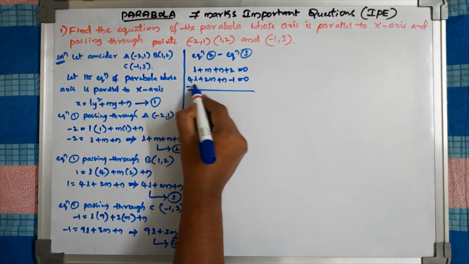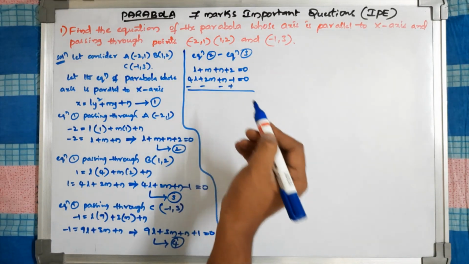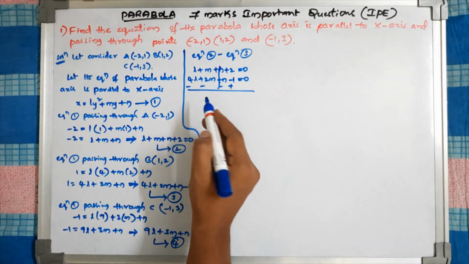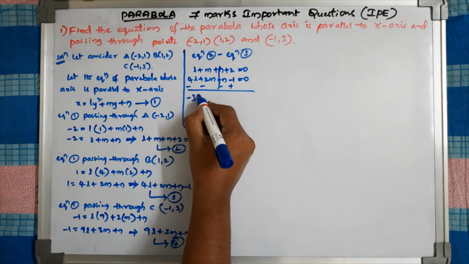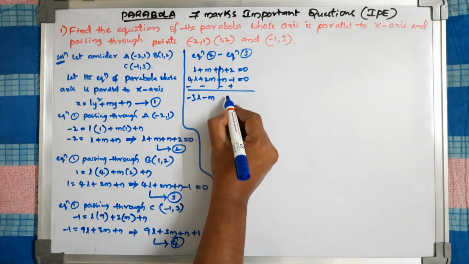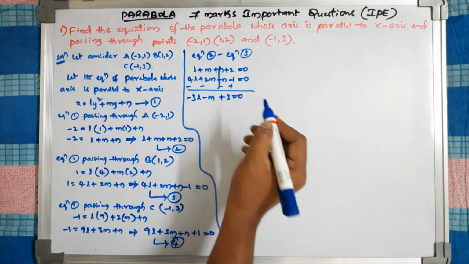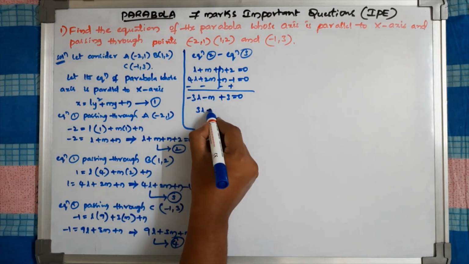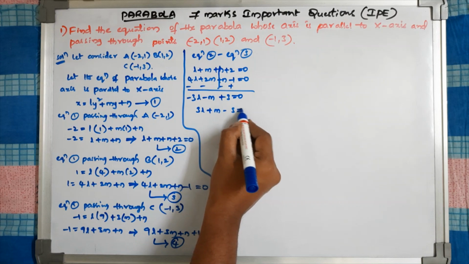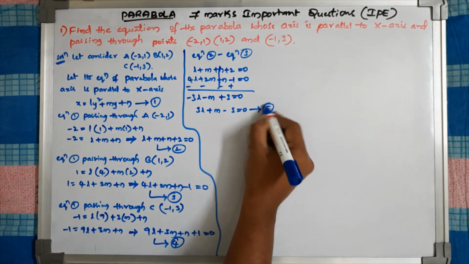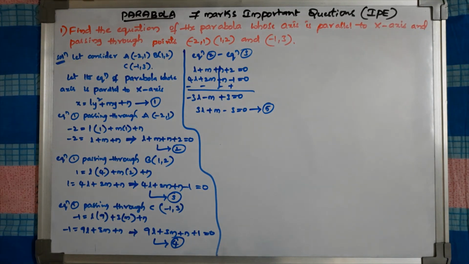On subtracting, minus minus becomes plus. n cancels. -3l - m + 3 = 0. Take minus common here: 3l + m - 3 = 0. Consider this as equation number 5.